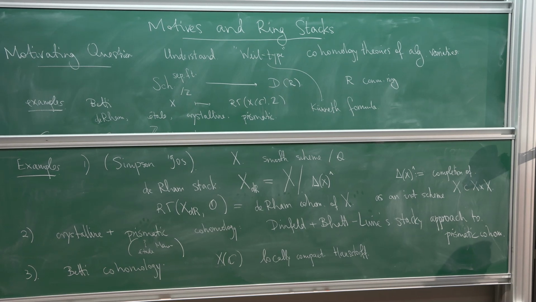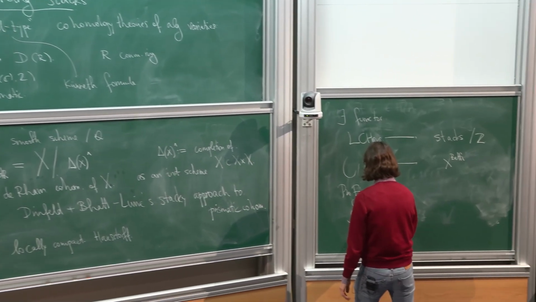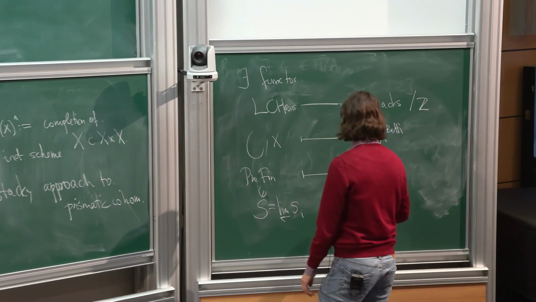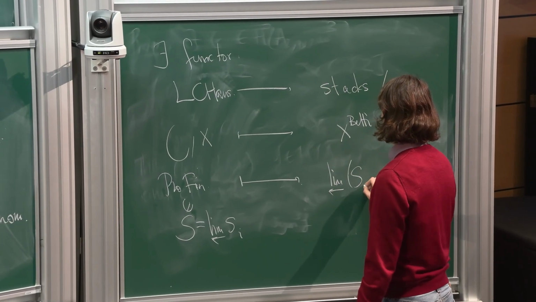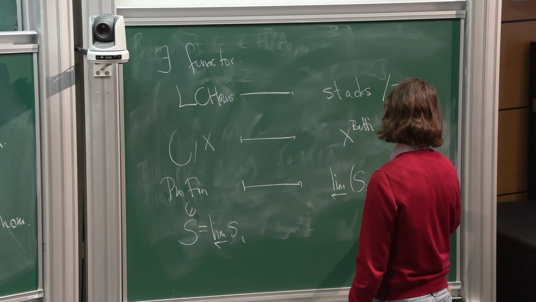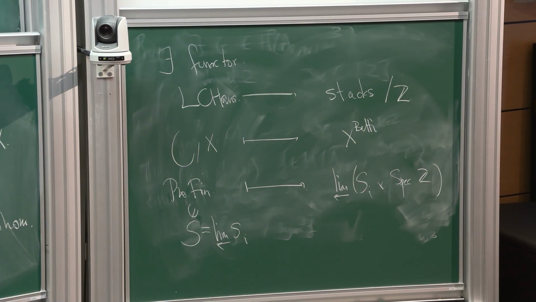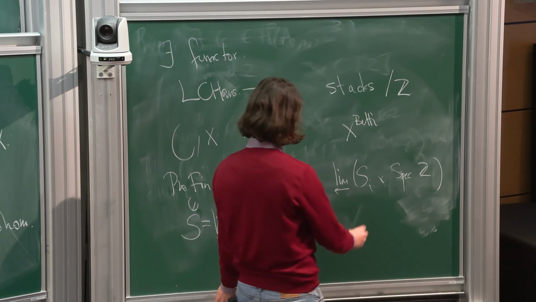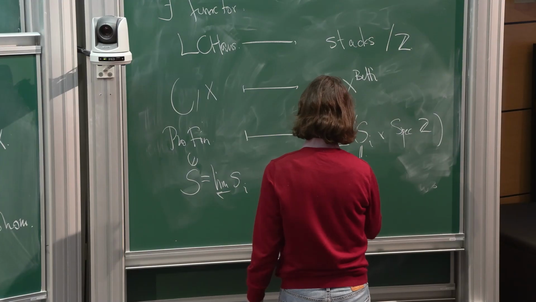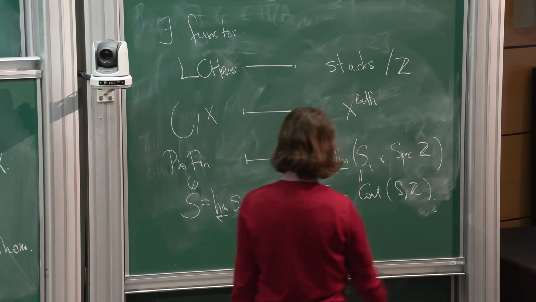So if you have a profinite set, this is just the limit of finite sets Si. And I can just take the corresponding limit of Si times spec Z. Each finite set I can consider as a scheme over the integers, a finite disjoint union of copies of spec Z. Each of these is an affine scheme, so the limit is also an affine scheme. So if you want, there's a spectrum of the continuous functions from S to Z, which is just some discrete ring.